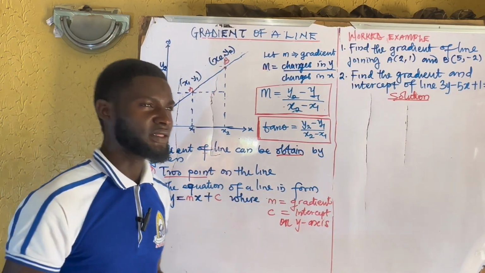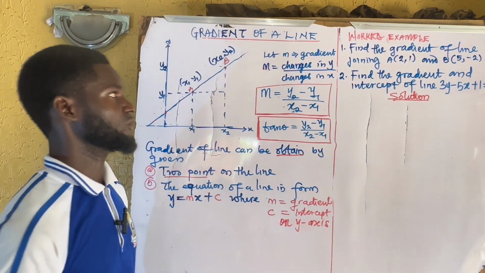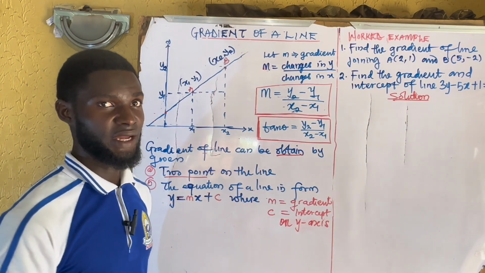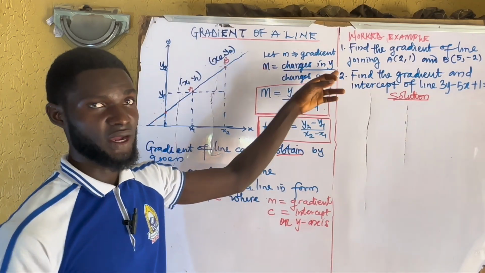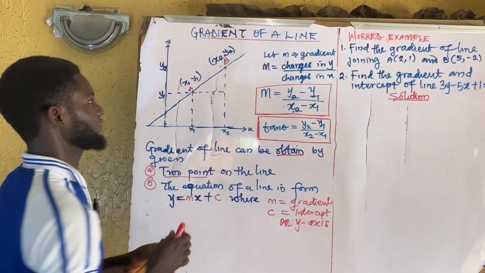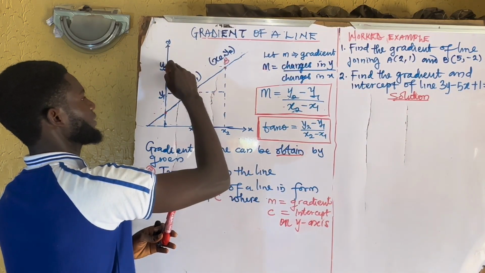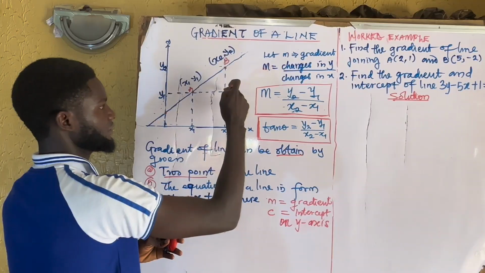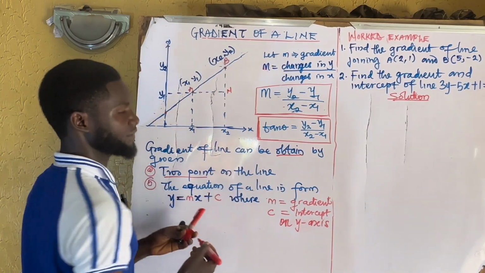Now, let us represent the gradient of this line with m, and we say that the gradient of a line is the ratio of changes in y to changes in x. So this is our y-axis, and y1 to y2 is the same thing as saying we have N to B here.